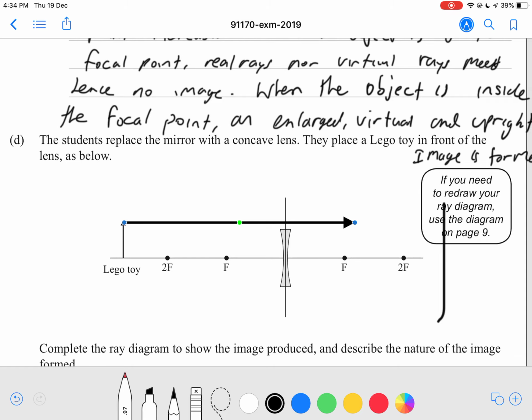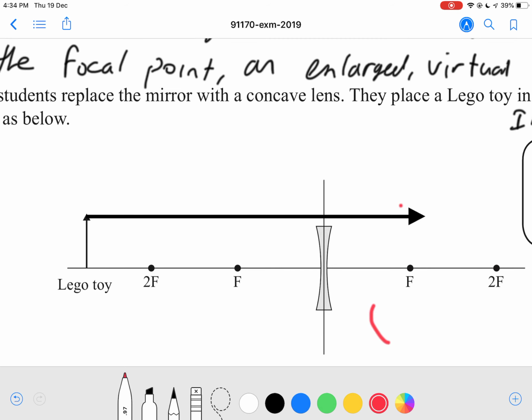Alright, so a ray traveling parallel to the principal axis is going to hit the lens and it's going to experience some refraction. So the ray will bend, and the rule for a concave lens for a ray traveling parallel to the principal axis is that it will refract away from the focal point.